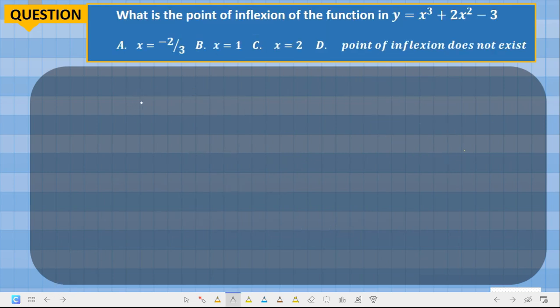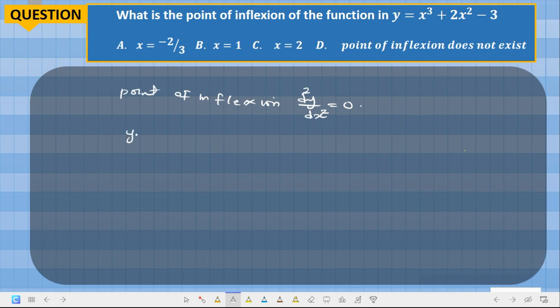Now, the next question that we are having here, what is the point of inflection of the function? Now the point of inflection is that point where d square y over ds square is equal to 0.